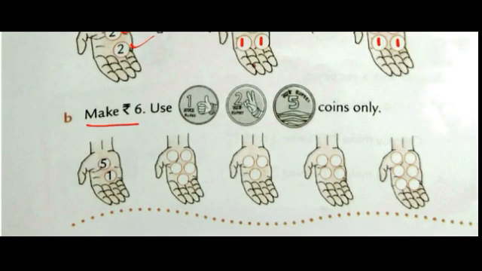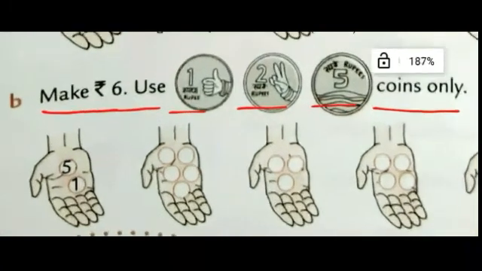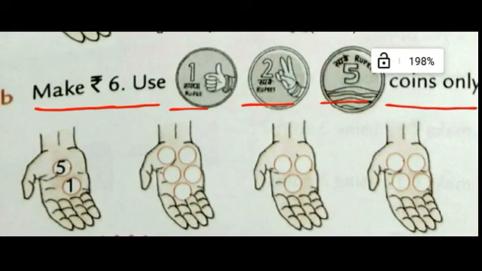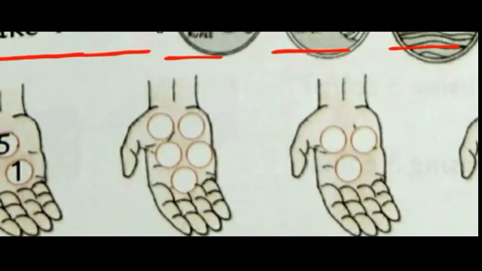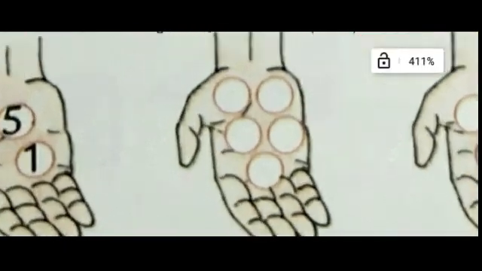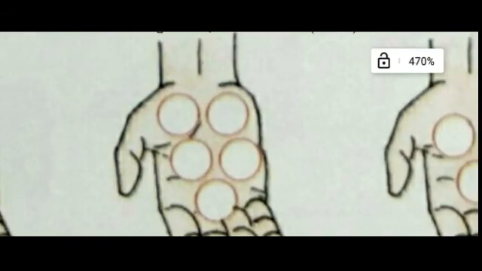Make rupees 6. Now you can use 1 rupee coin, 2 rupee coin and 5 rupee coins only. Okay. So in the first one they have already used 5 rupee coin and 1 rupee coin. Now 5 blocks are here and we have to make it rupees 6.